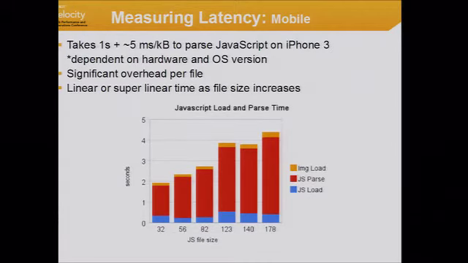So running these tests, we then ran tests where we loaded different file sizes, and at the end of the load of the JavaScript, we would load an image to track how long it took us between the finish time of the load of the JavaScript and when the image began loading to figure out what that parse and execution time was. And recent tests have shown that this is around 1 second per file plus about 5 milliseconds per kilobyte.